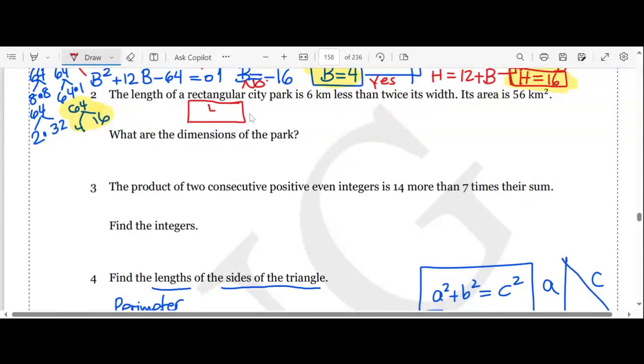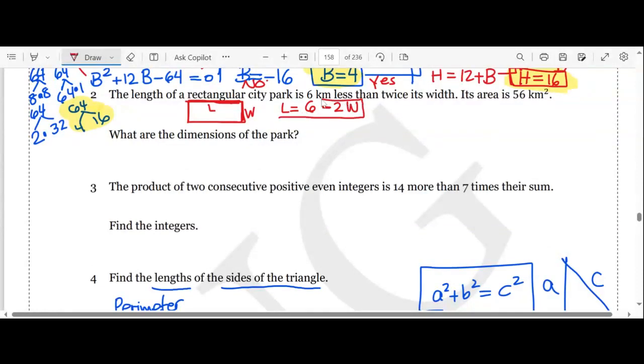Okay, the rectangle. What's the shape of the rectangle? Like this, right? And it has length and width. The length of the rectangular city park is 6 less than twice the width.